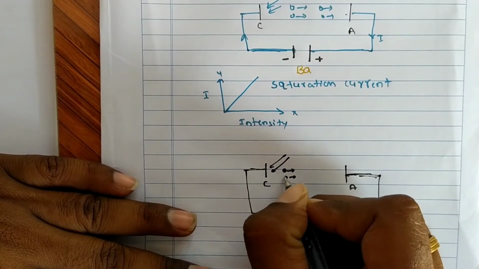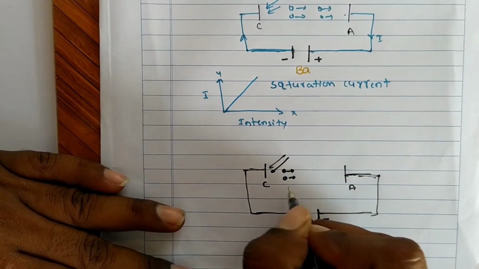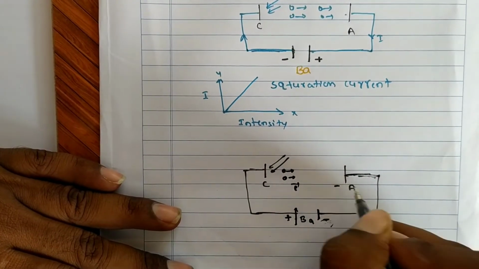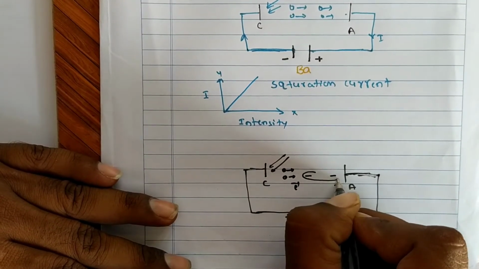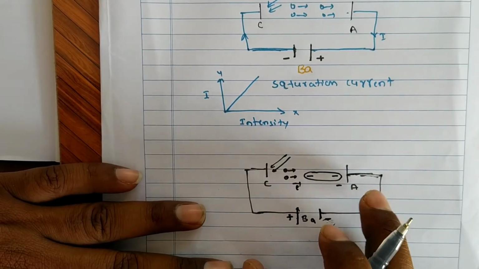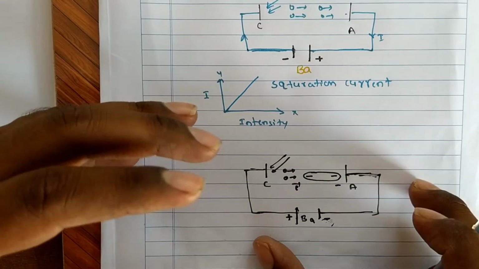These electrons are not attracted by the anode because the electrons are negatively charged and the anode plate is also negatively charged. Due to the repulsion between the electrons and the anode plate, current is not produced in the circuit.